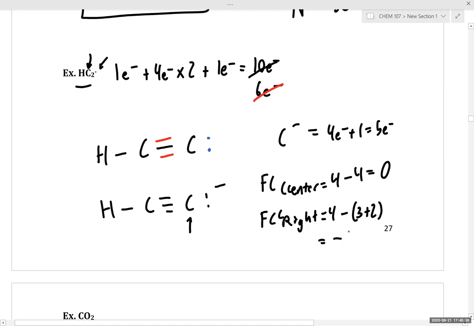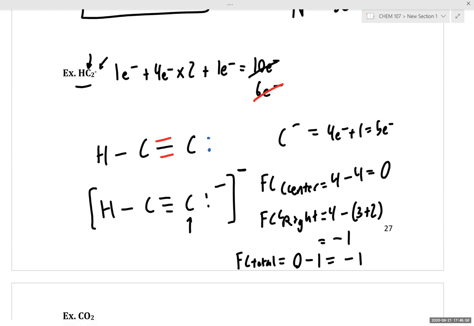That gives us a formal charge of -1 for the carbon on the right. If we calculate our total formal charge, we have 0 minus 1, which gives us a total formal charge of -1, which matches the total charge observed for this molecule of -1.